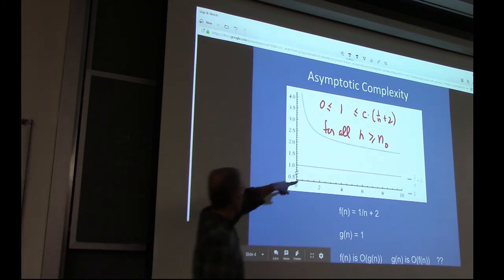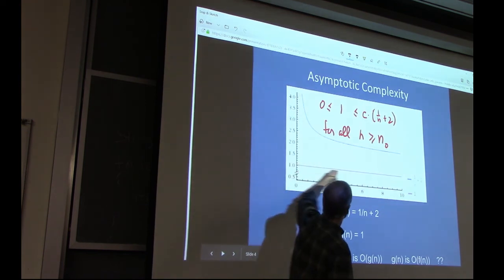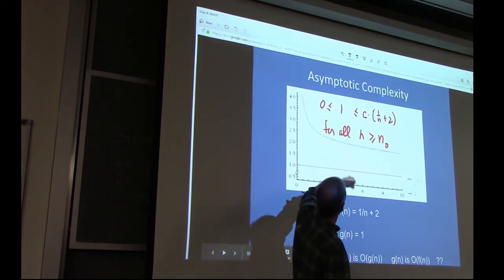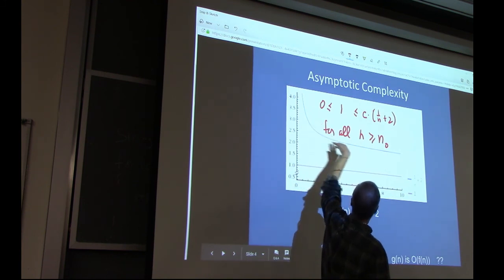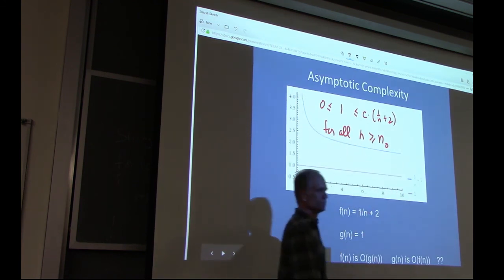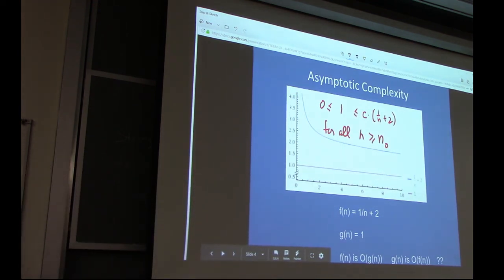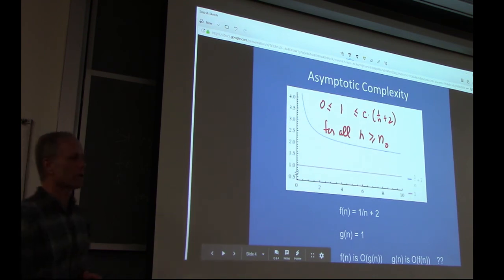We have to show that 0 is less than or equal to the red line, which is less than or equal to some constant times the blue line, for all n bigger than some n naught that we're going to pick. So we just have to convince ourselves that that's true for a given c and a given n naught. It's not the case that c and n naught will be unique, necessarily. So what's a c and an n naught that works?